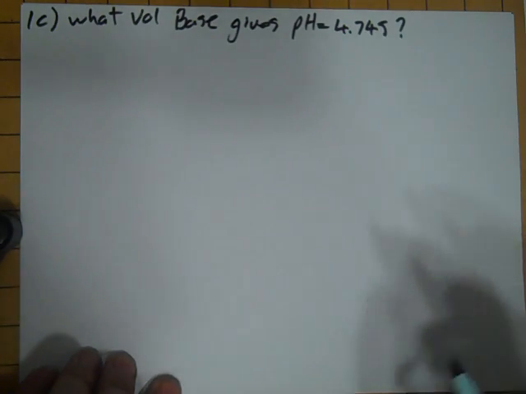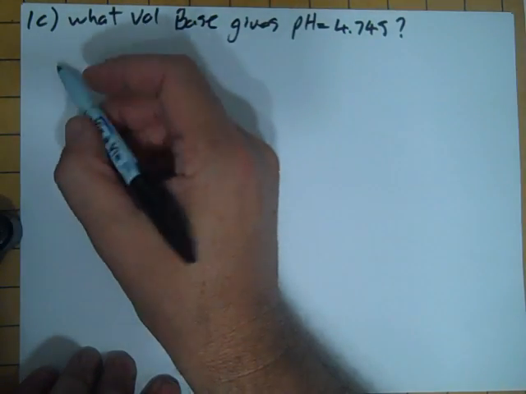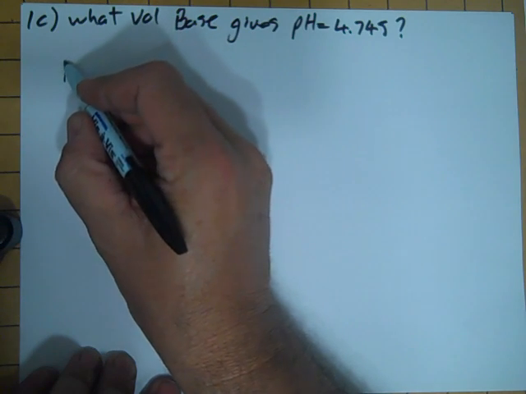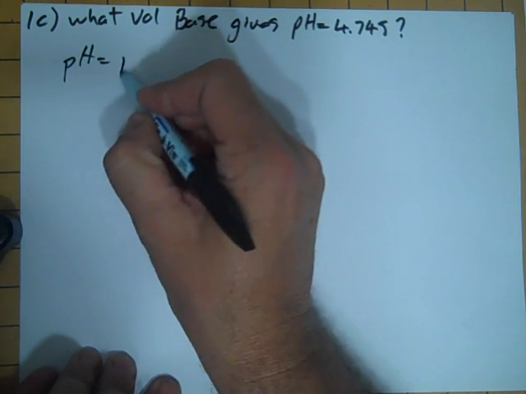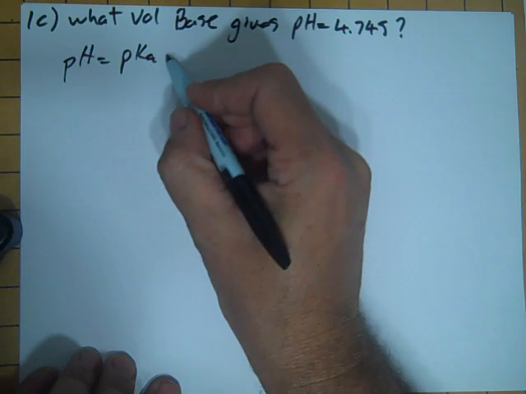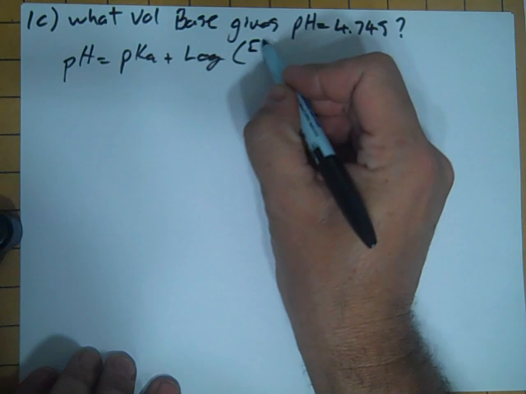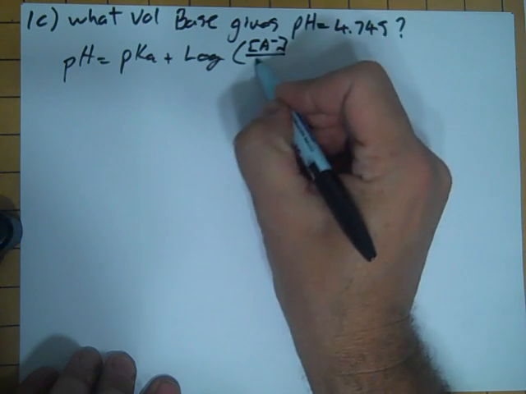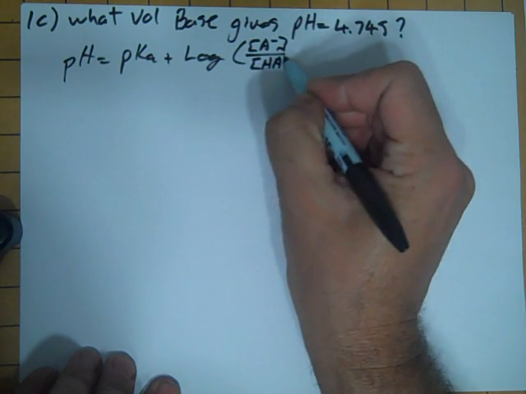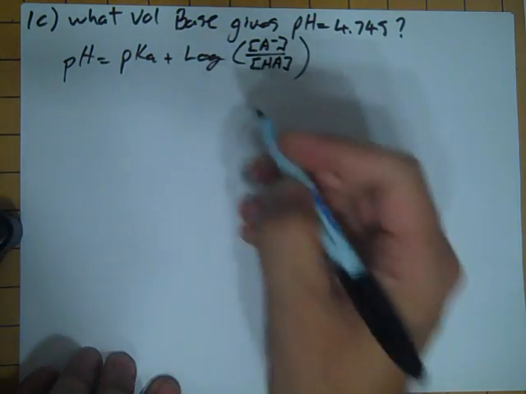But how could I check? I could check by putting it into the HH equation. pH equals pKa plus the log of my concentrations, right?